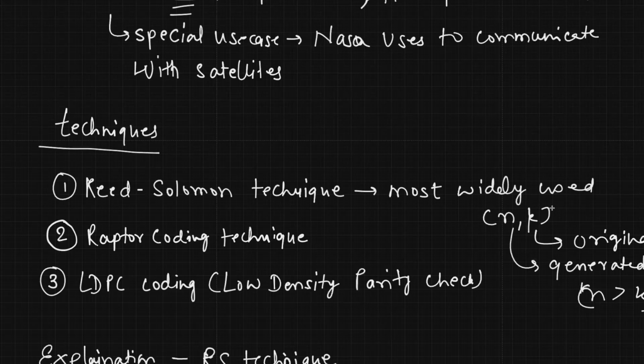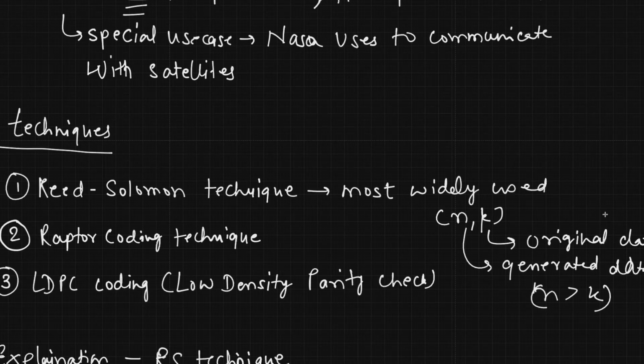In this we represent the scheme as n comma k, where k is the original data and n is the generated data, and n will always be greater than k. For example, when I write 4,2, this means that my 2 data gets fragmented and 4 data gets generated.